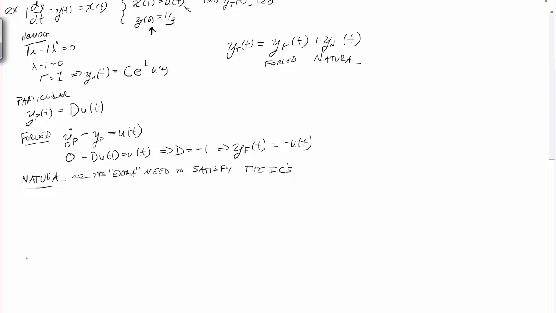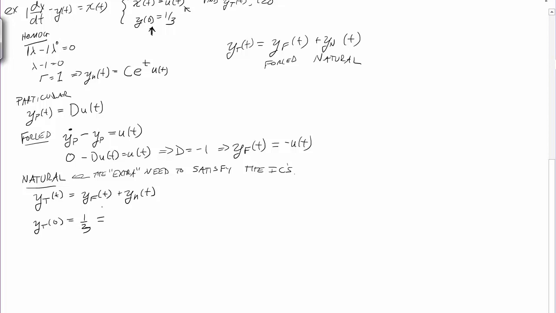So here it helps to start with writing out that the total solution will be the forced solution that we just found plus some form of the homogeneous. And it's the total solution, when evaluated at 0, that has to equal our desired initial condition.